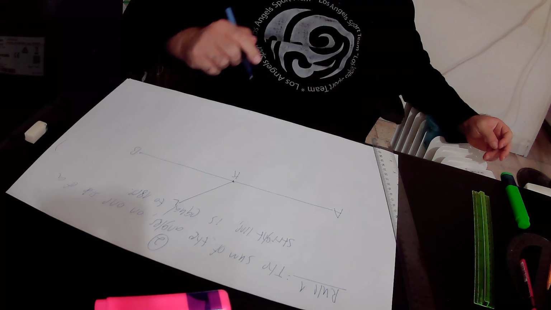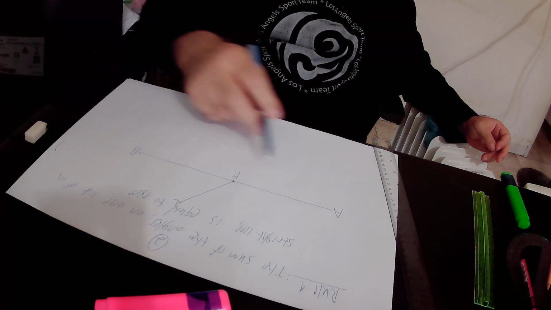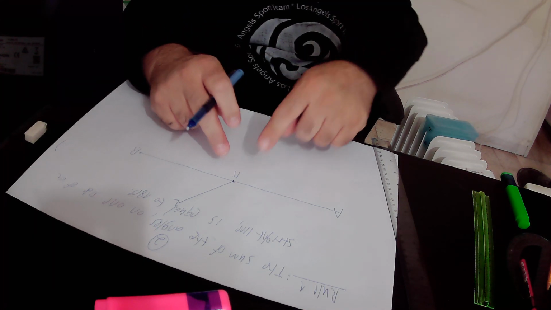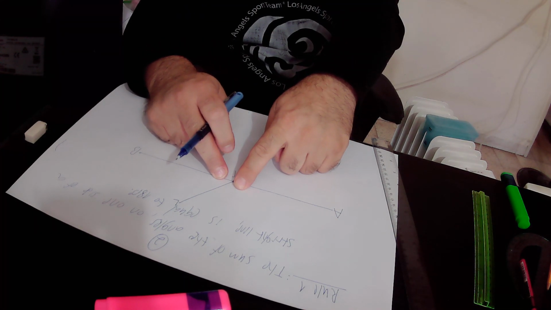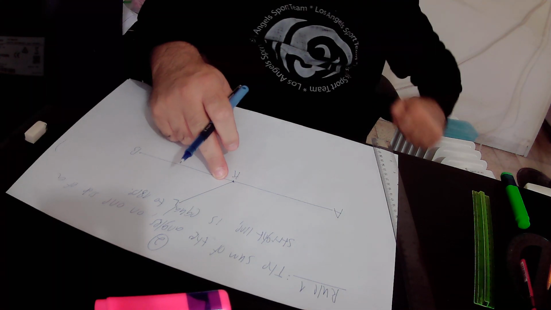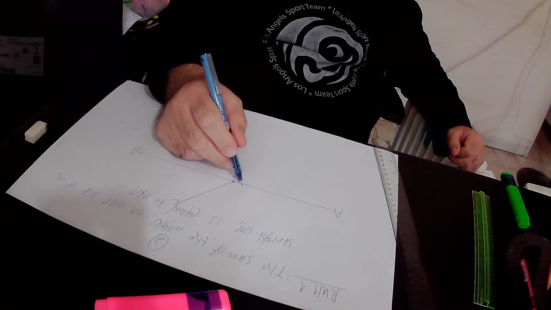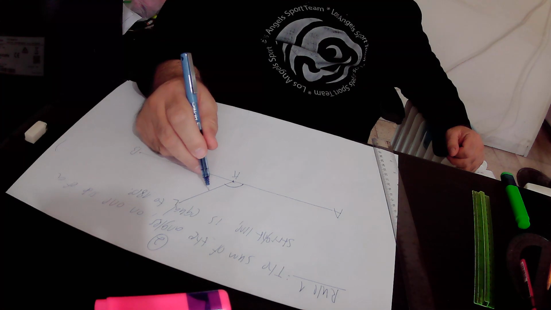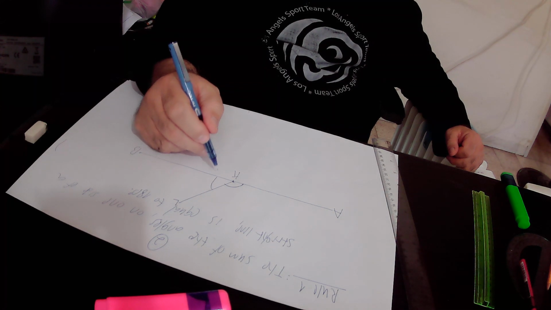So if we focus on the upper side of the straight line AB at point K, here the sum of those two angles must be equal to 180 degrees according to this rule, rule number 1. That is to say, this angle plus this angle in total, they must be equal to 180 degrees.